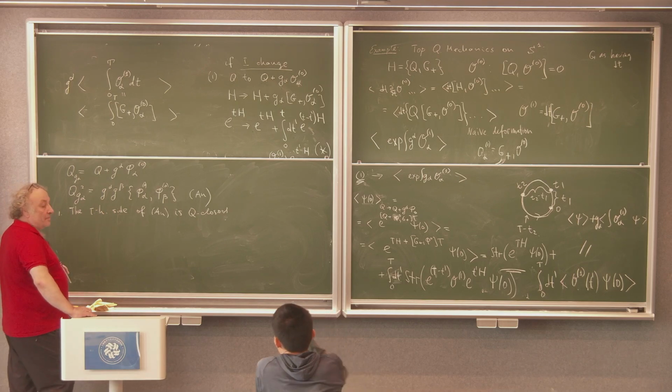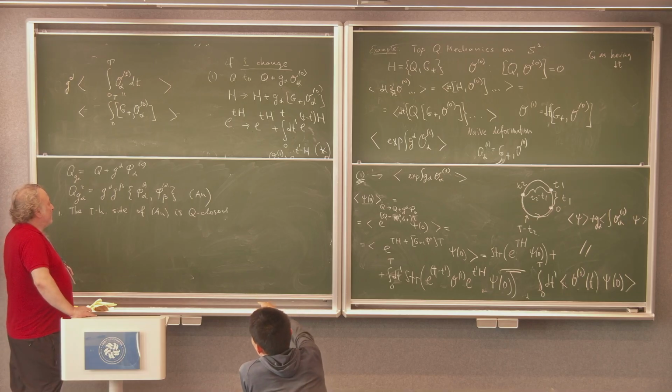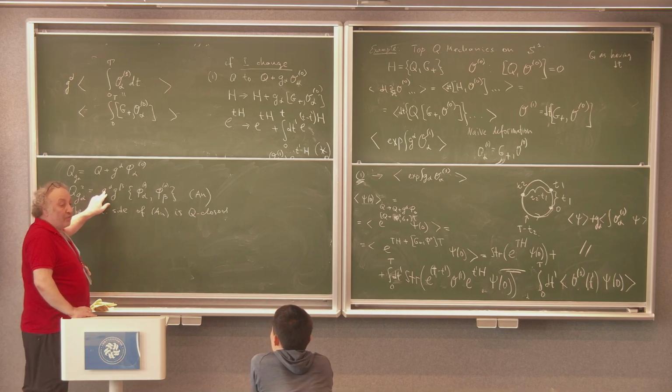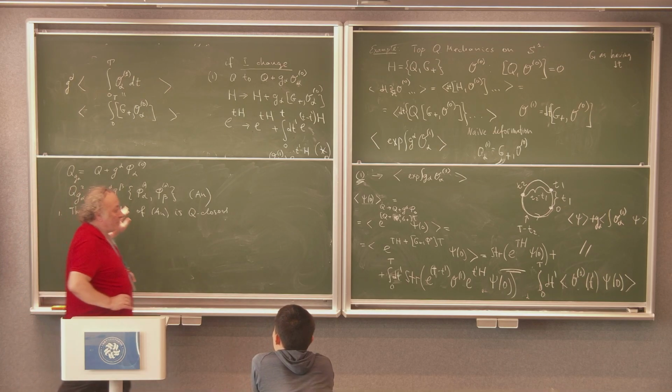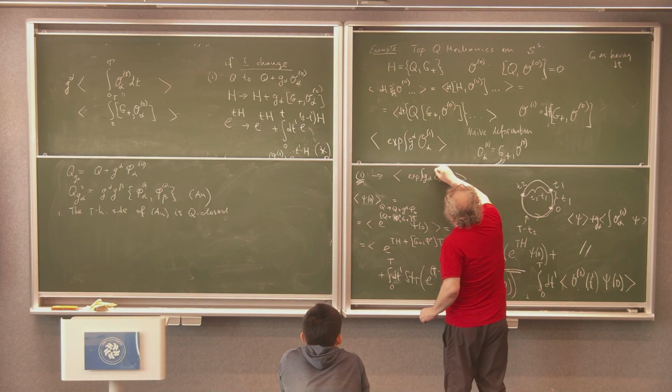Yes, excuse me. Here, G doesn't contain any degree. G is just a formal parameter. We know that phi alpha 0 are all 0 forms, so they are even. So G's are formal numbers. Look, that's what we are doing. This is a one form.